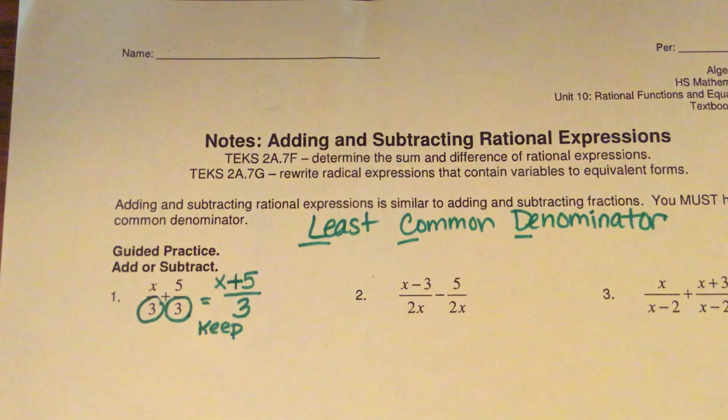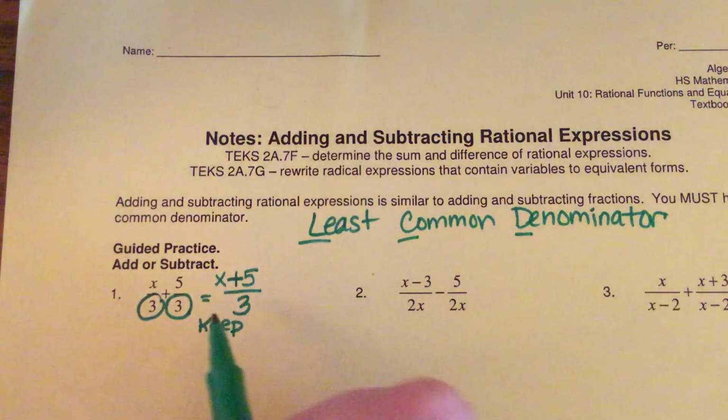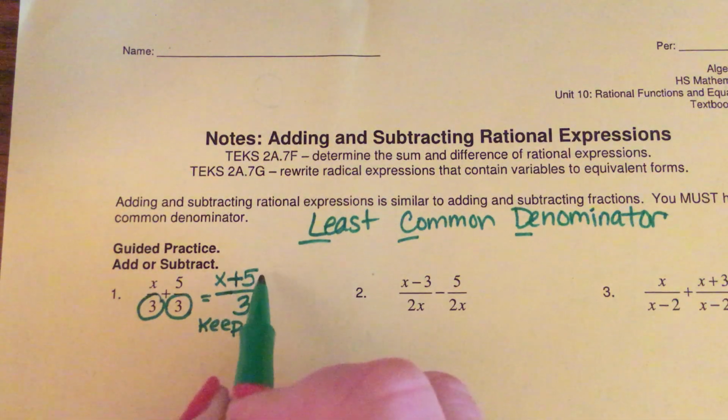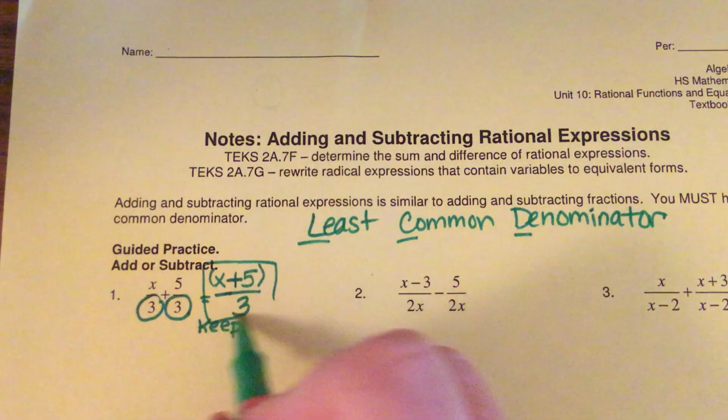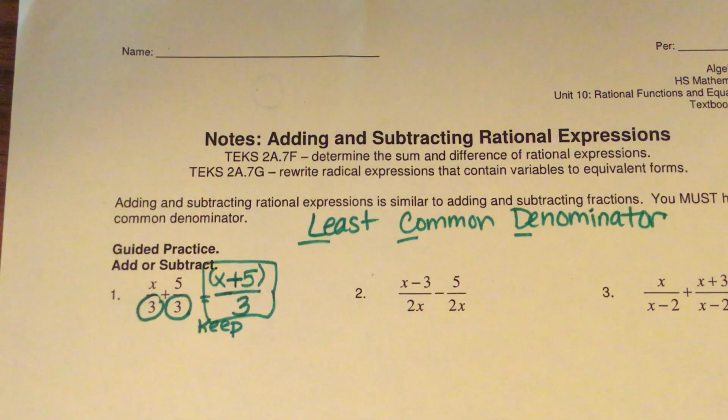If they had been numbers, like a 2 or something else, I could have added. We can't put x and 5 together. We can put parentheses around it if we want to think about it like that, but we can't simplify. We're not changing anything else. That is your answer: x plus 5 over 3.